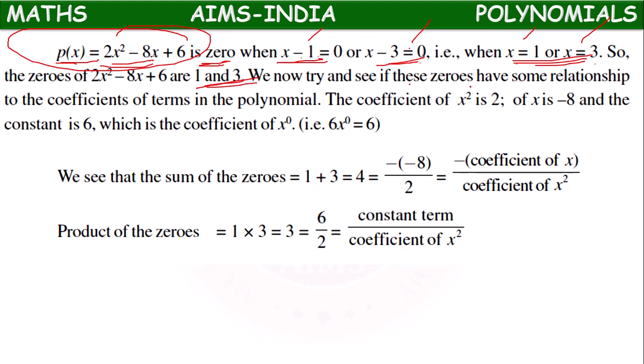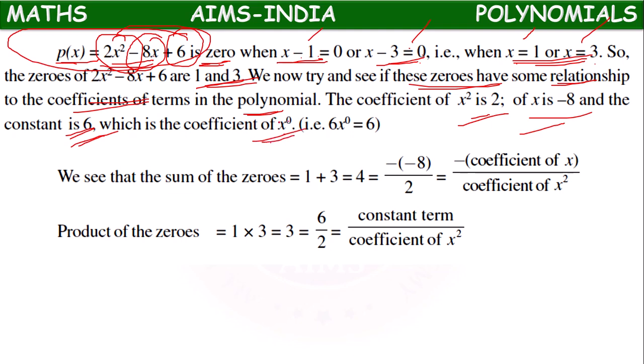Now let's see if these zeros have any relationship with the coefficients of the terms in the polynomial. The coefficient of x square is 2, the coefficient of x is minus 8, and the constant is plus 6, which is the coefficient of x power 0.